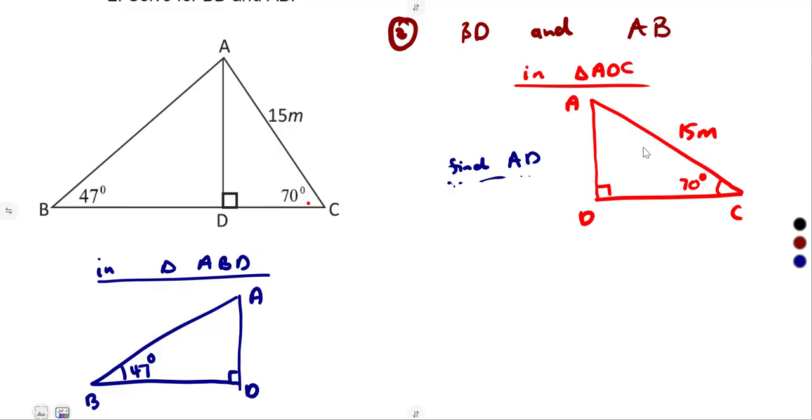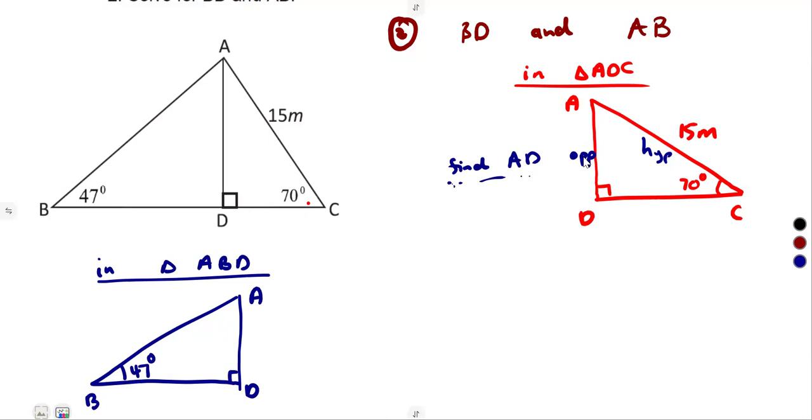We have the hypotenuse here, the longest side. The side AD to be calculated is the opposite. Do not worry about DC. Yes, it is the adjacent, but do not indicate that one. Only mark what is known and what is to be calculated.